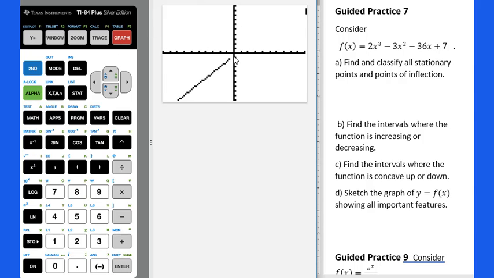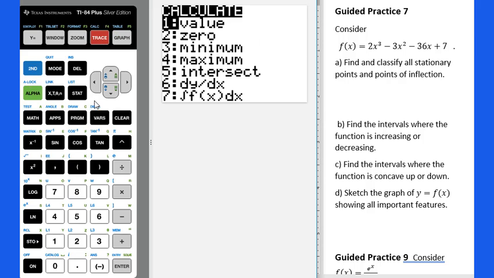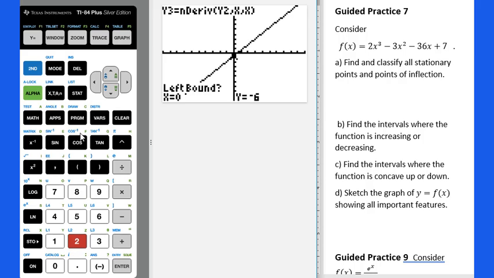Then graph. I need an x-intercept because an inflection point means the second derivative equals 0. So we do second trace, go to 2, left bound, right bound. So we get 1/2. That will be the inflection, x equals 1/2.